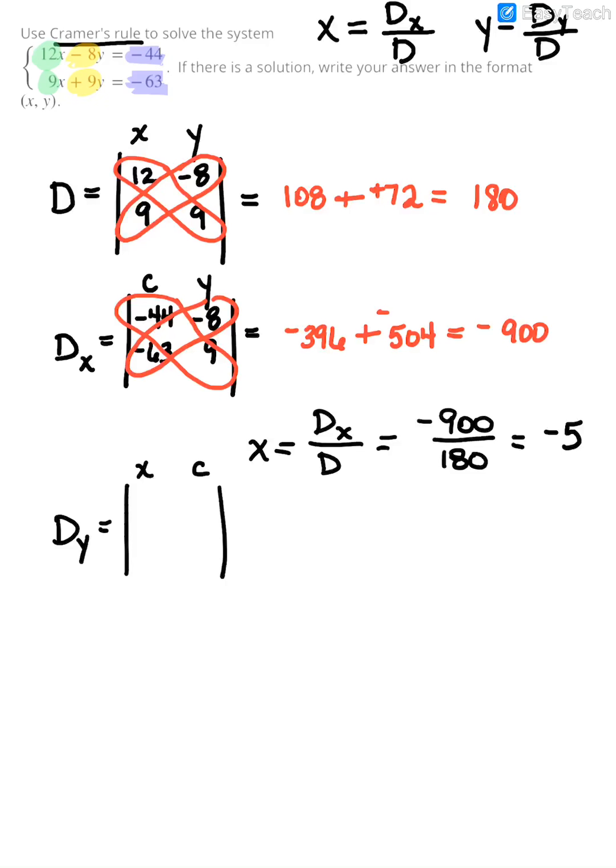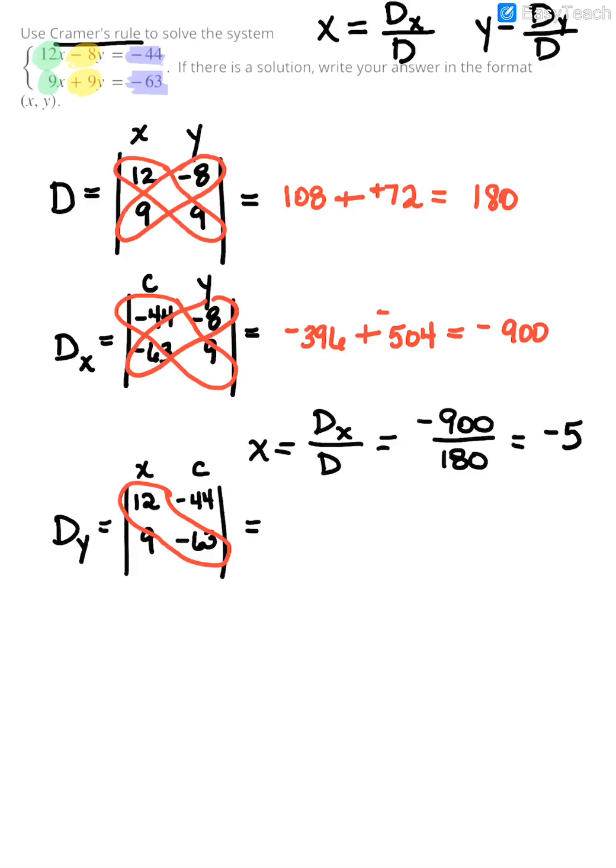So back to my original system, my x coefficients were positive 12 and positive 9. And then if I use my constants to replace my y coefficients, the constants are a negative 44 and a negative 63. So now I'm ready to calculate the determinant of that matrix.